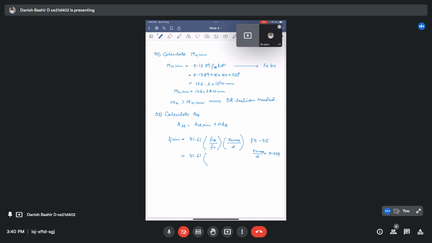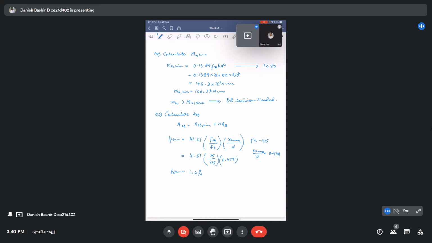So 0.4791 FCK 25 by 415. The Newton units cancel here, it is also dimensionless. Calculating this, we get 1.2%, PT limiting.